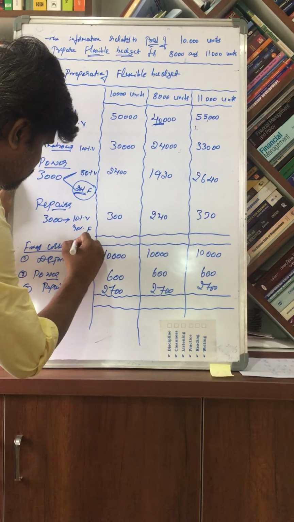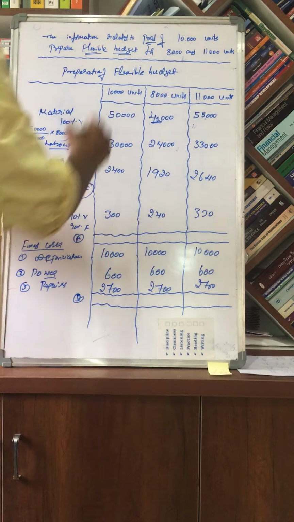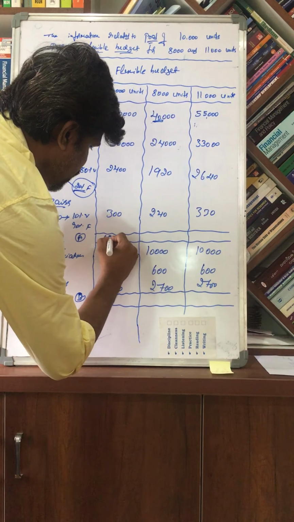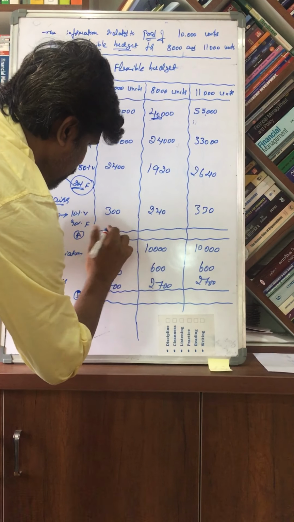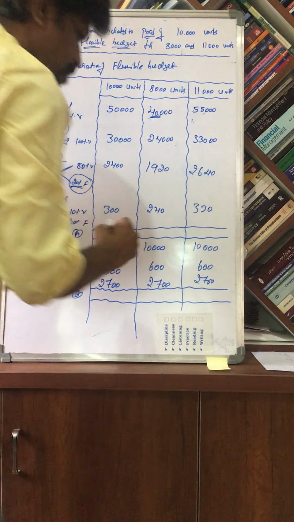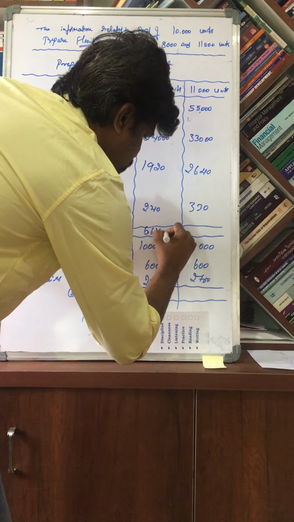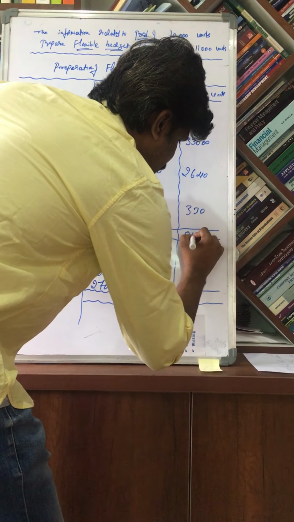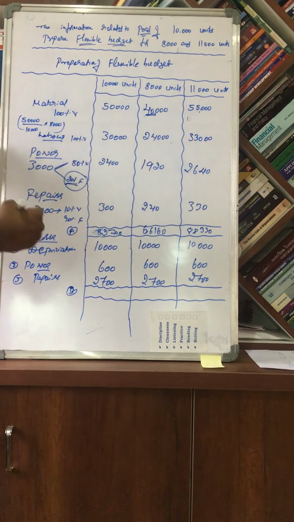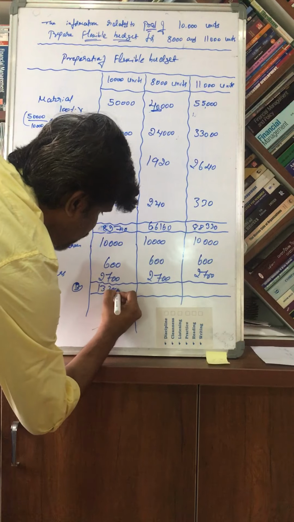So this is called A, and this is called B. The total of the variable cost for 10,000 units is 82,700, then 66,160 and 88,330. The total of the fixed cost is 13,300.